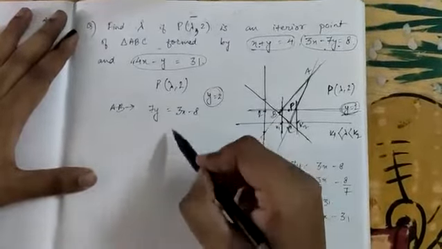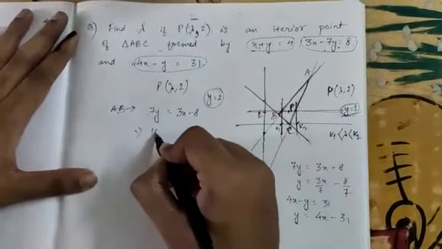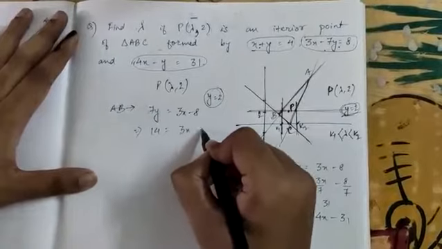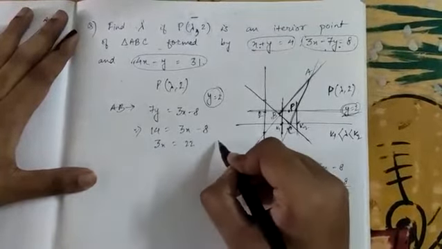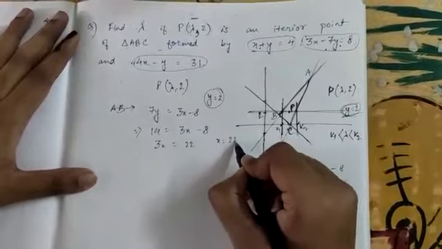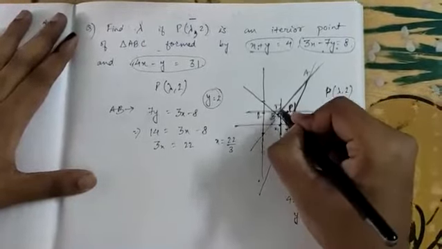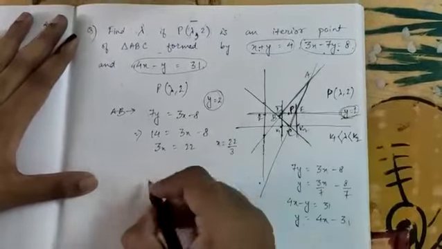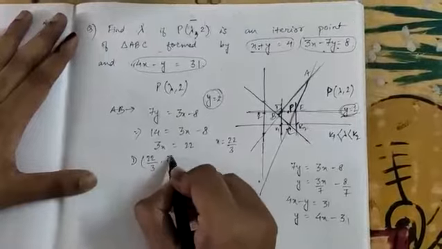To find the point of intersection of this line with y equal to 2, I will take 14 is equal to 3x minus 8. 3x will be 22, so x will be 22 by 3. Therefore, take it as D. So D will be 22 by 3 comma 2.